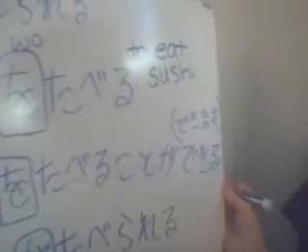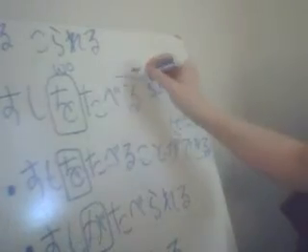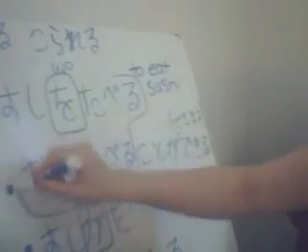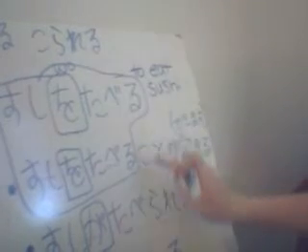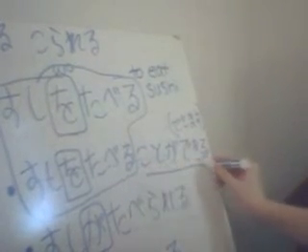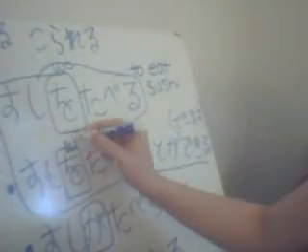See that? Dekimasu. So you're still using the o particle. It's exactly the same, but you're just adding koto ga dekiru. That's all you're adding. You're not changing anything. So the o particle still stays.